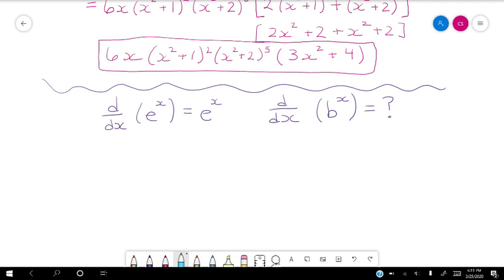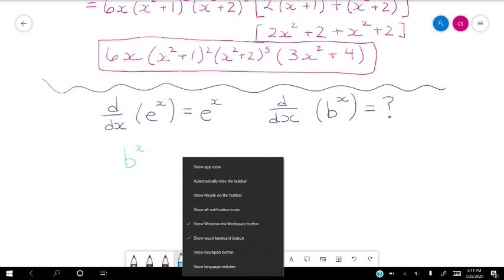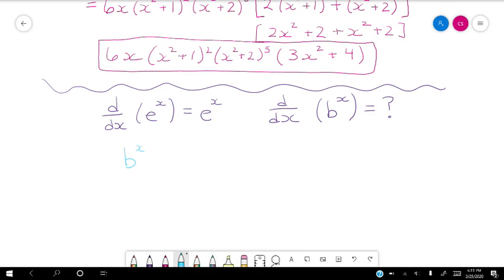First of all, let's take b to the x, and we're going to get it in terms of e. So we're going to rewrite b like this: e to the natural log of b. That's like the composition of inverse functions.